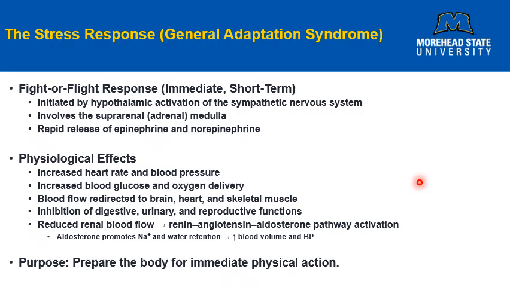The sympathetic nervous system sends the hypothalamic activation by firing. The adrenal comes in, and what happens is a rapid release of epinephrine and norepinephrine, which gives you your increased heart rate and blood pressure, and your increased blood glucose, which allows you to get more ATP and more oxygen into the body. Blood flow is redirected to your brain, your heart, and skeletal muscle.